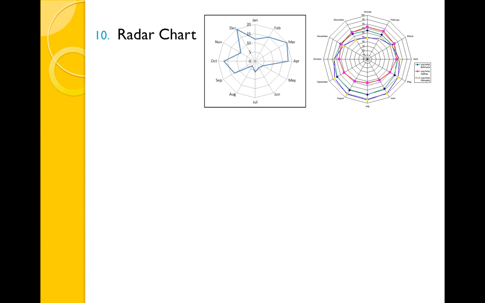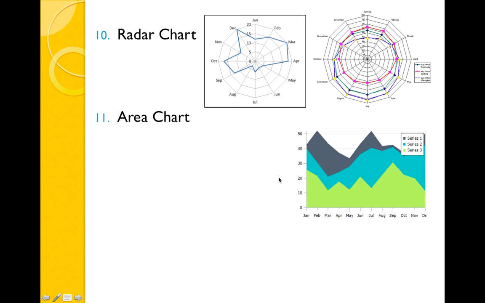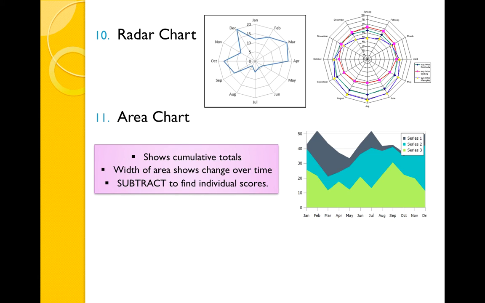A radar chart, once again, very useful for either showing a single set of data or more than one with very good comparison. An area chart, very good for comparing different sets of data. It shows cumulative totals.